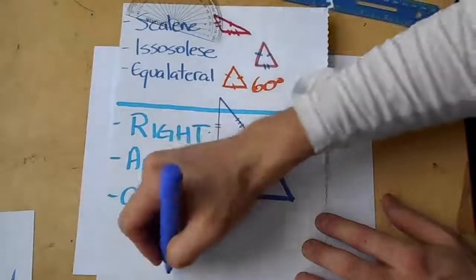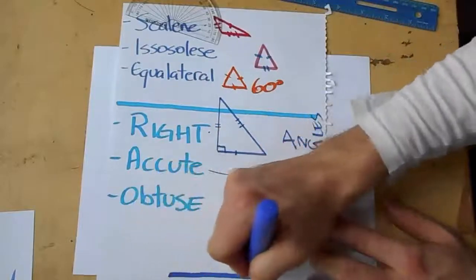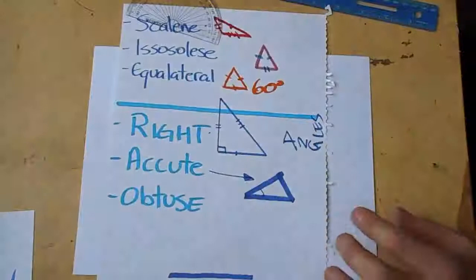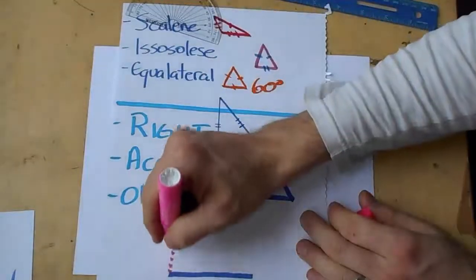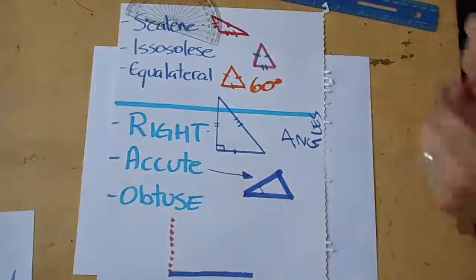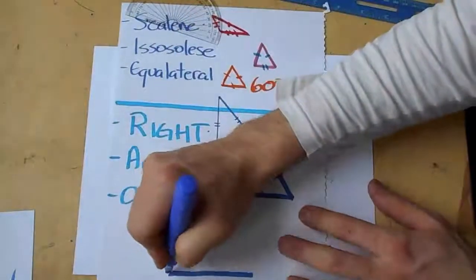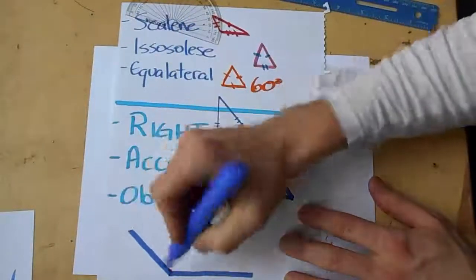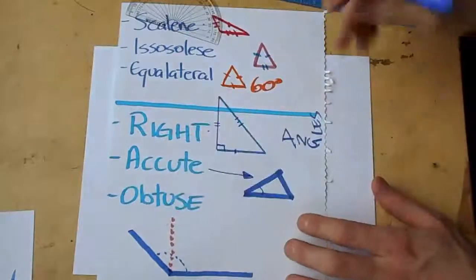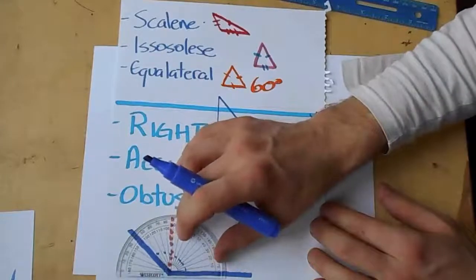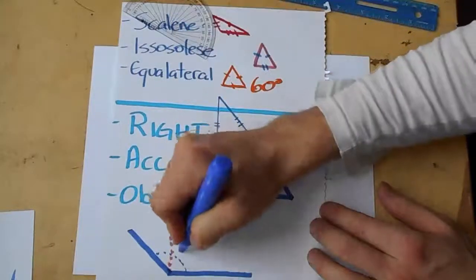Now the last one here is an obtuse triangle. So I'm going to draw my line. Now remember, 90 degrees is straight up. So that's my 90 degrees. If I'm going to have an obtuse triangle, I need one angle that is bigger than 90 degrees. I can even tell you what that one is. Line it up. That's 140 degrees there.